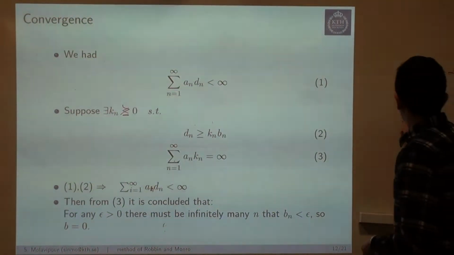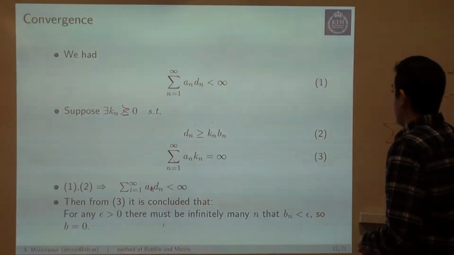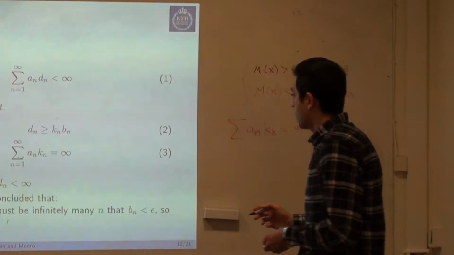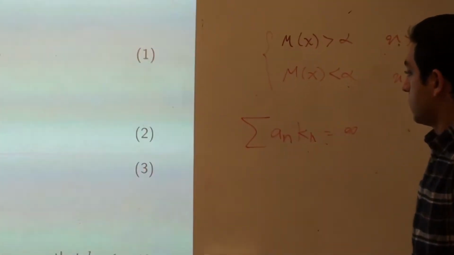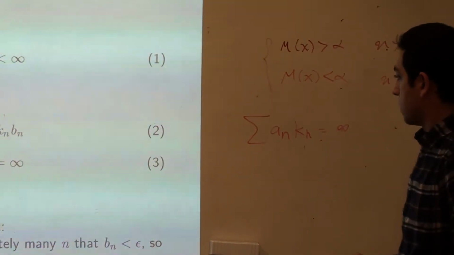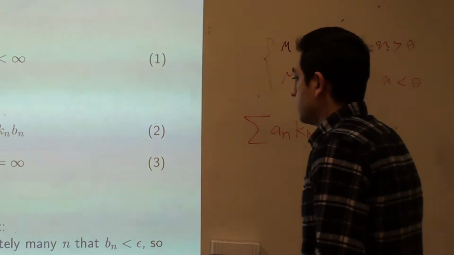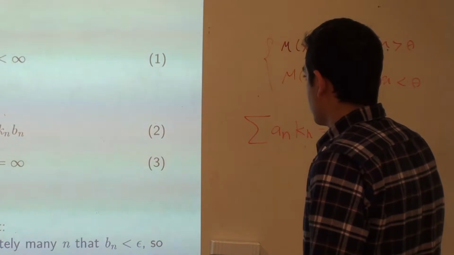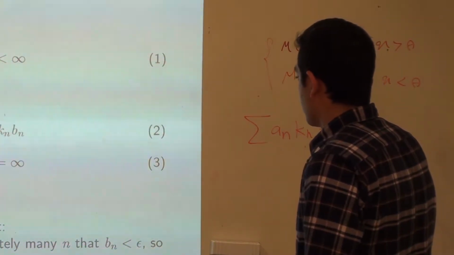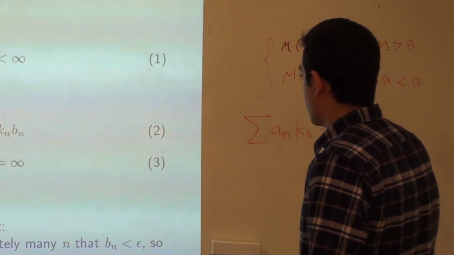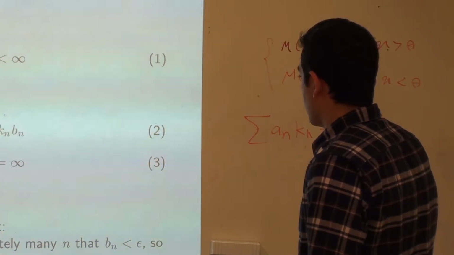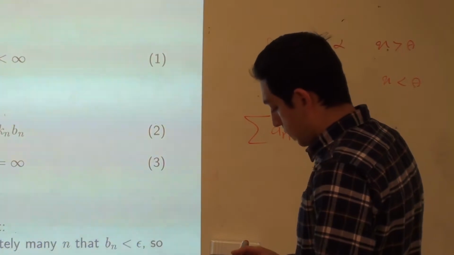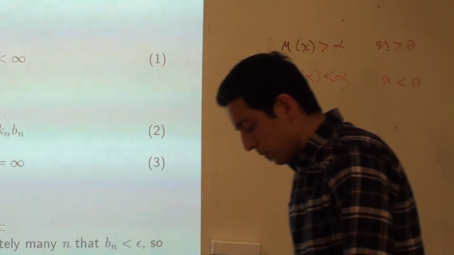We have that this sum of An Kn is infinity. And then, let's see what I'm missing here.